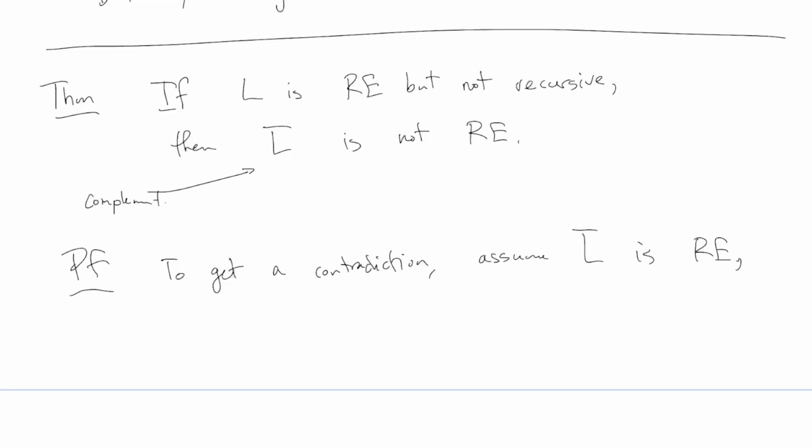And what that means is there exists an algorithm to verify if X is in L bar, i.e., this of course means X is not in L. So there is an algorithm to verify, not decide yes or no, but to verify that X is not in L, all right?